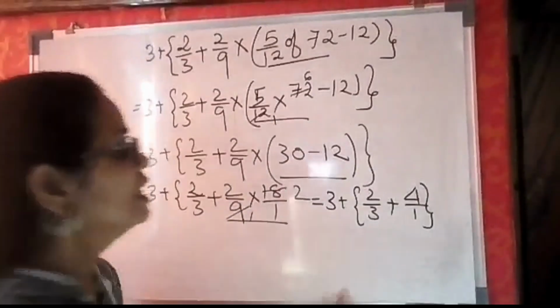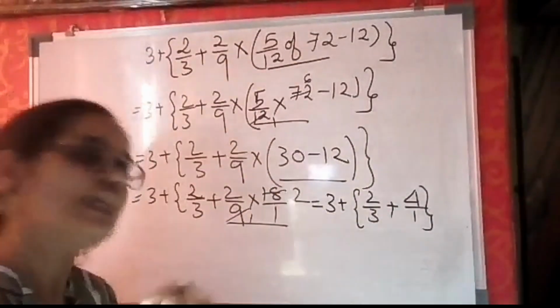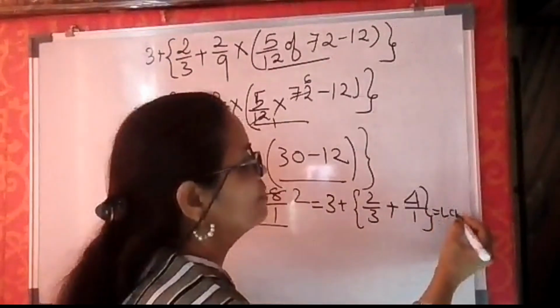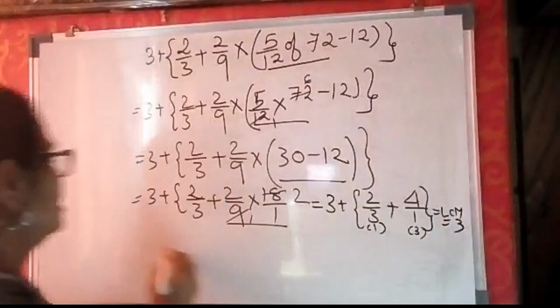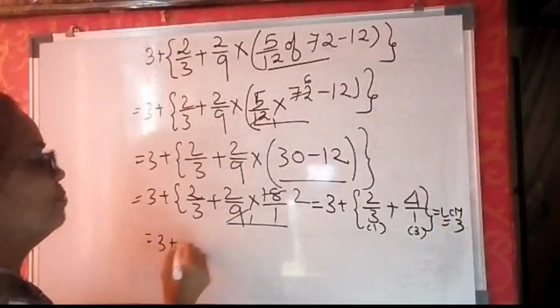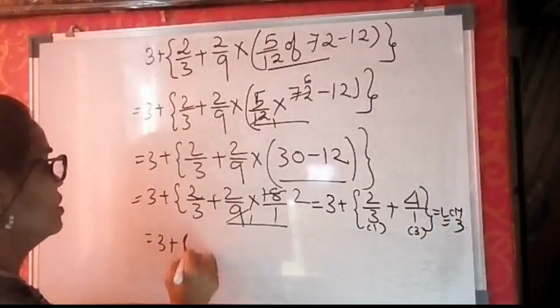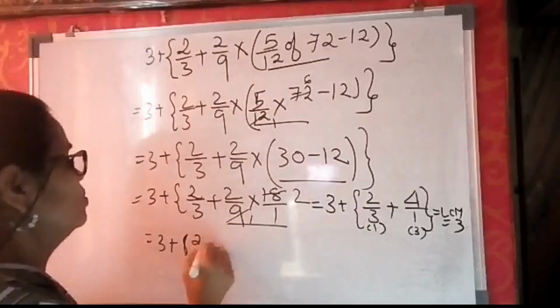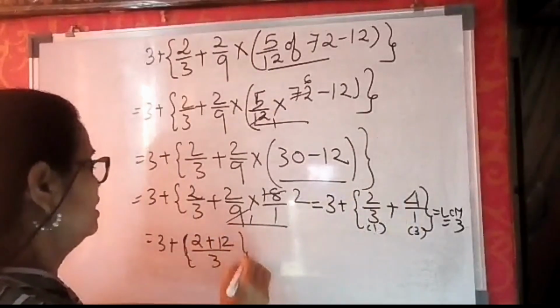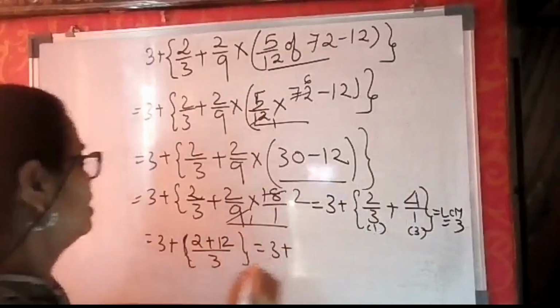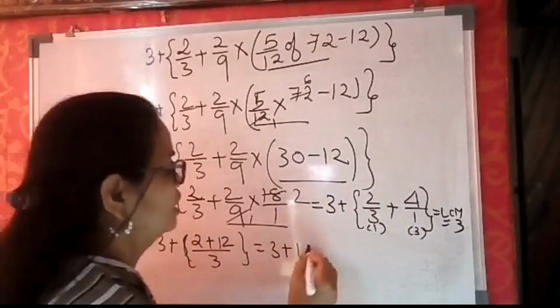You have to take the LCM to make like fractions. So LCM is equal to 3. 3 ones are 3, 3 ones are 3, which is equal to 3 plus 2 ones are 2 plus 4 3s are 12, divided by 3, which is equal to 3 plus 14 upon 3.